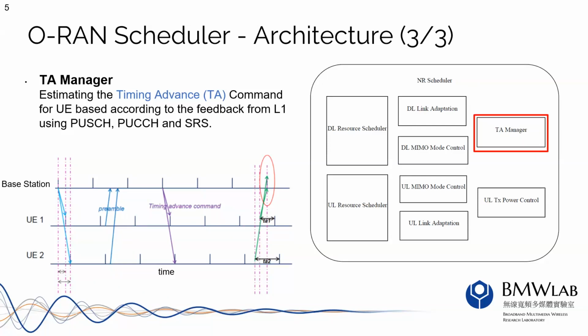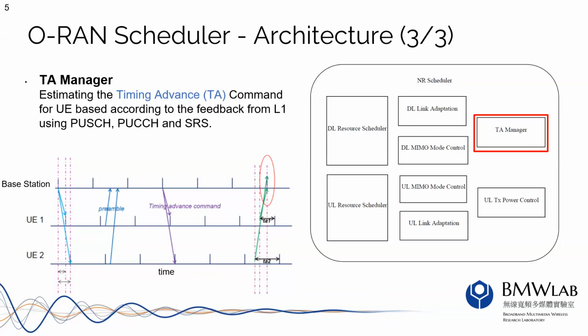As the figure shows, UE2 receives the message after UE1 receives it. That's because these two UEs have different distances from the base station, which causes UE2 to receive the message late.